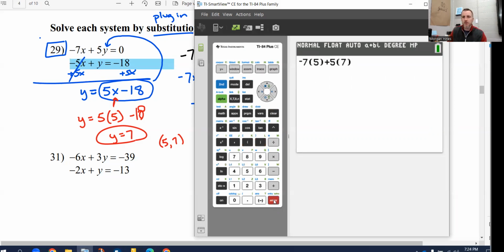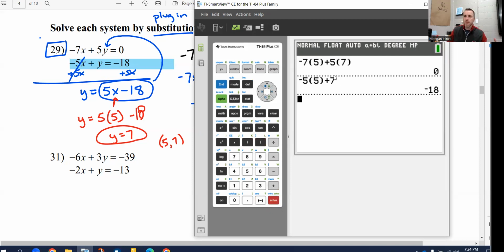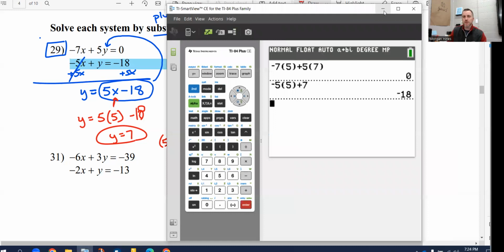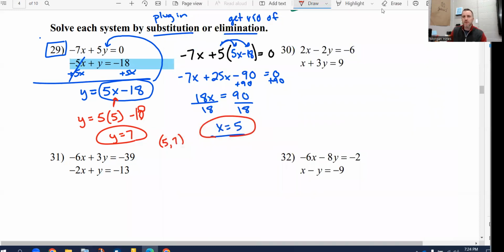It should be equal to 0. Boom, it is. The second equation, negative 5x. What's x? It's 5, plus y is 7. What should that equal? Negative 18. Boom, it is. And so if both of those two things are true when you plug in 5 and 7, then that has to be an answer. So we know that that answer is right. And we know that that's how you solve it by substitution.